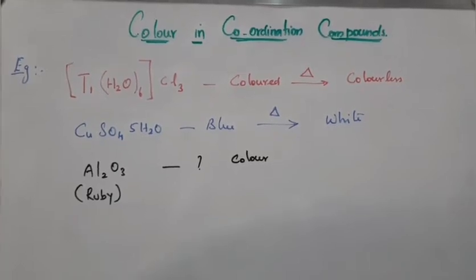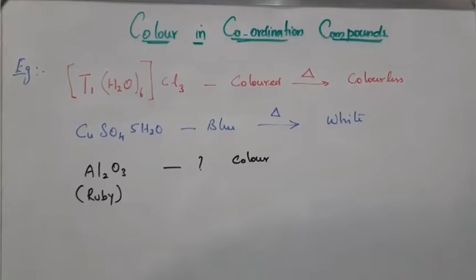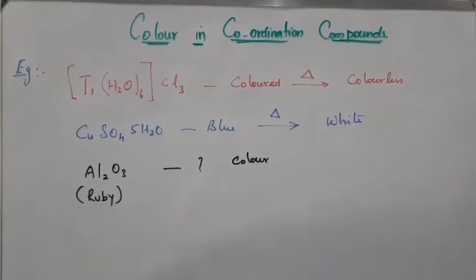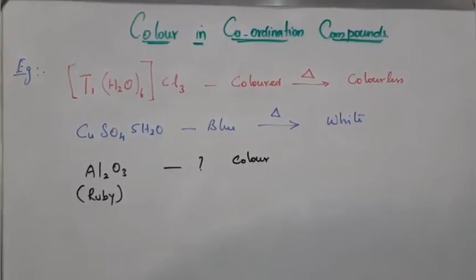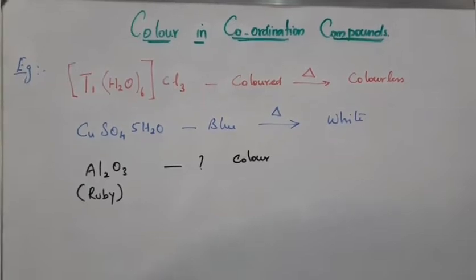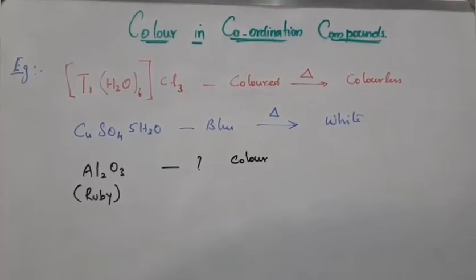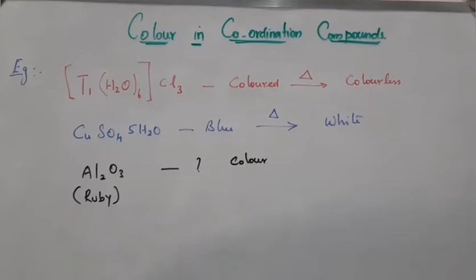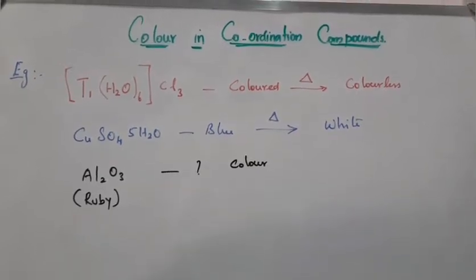If diamagnetic, there are no unpaired electrons, no excitation takes place, so that particular complex would be diamagnetic or colorless.